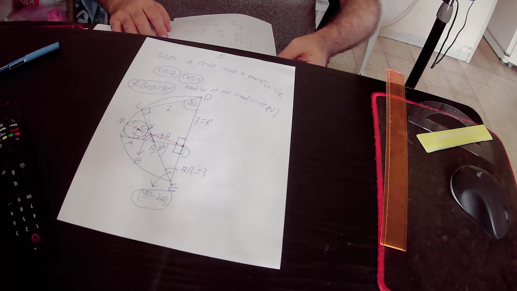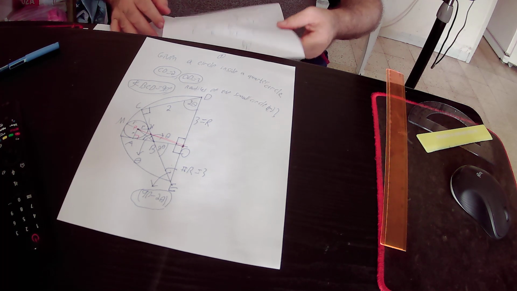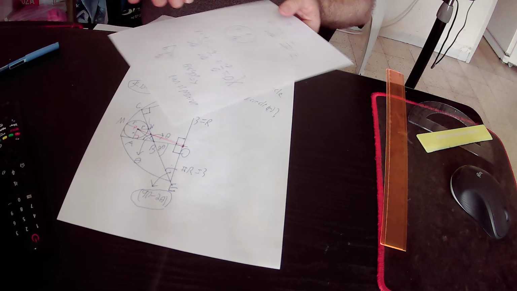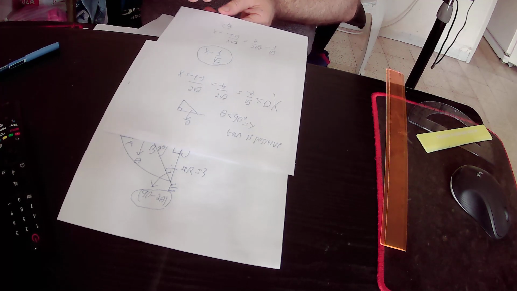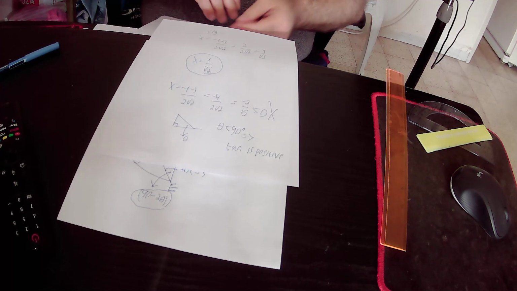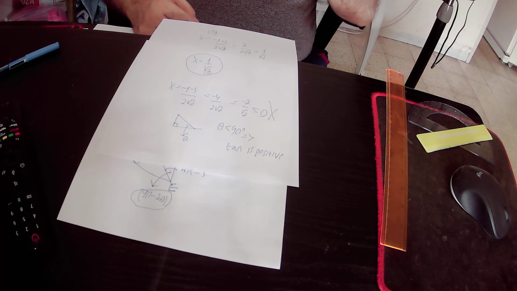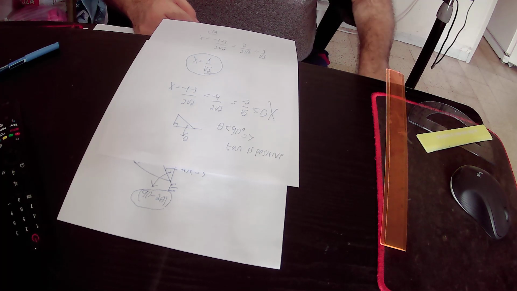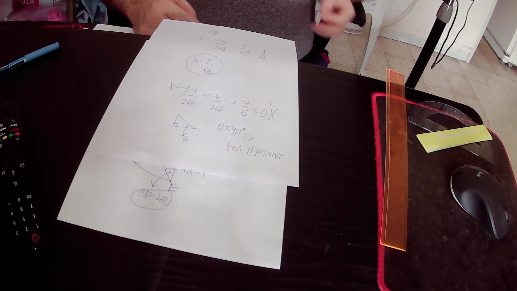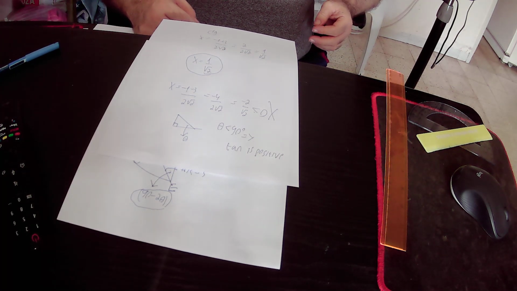So we found out that, from the trigonometric identity, tangent 2 theta equals 2 tangent theta over 1 minus tangent squared theta.